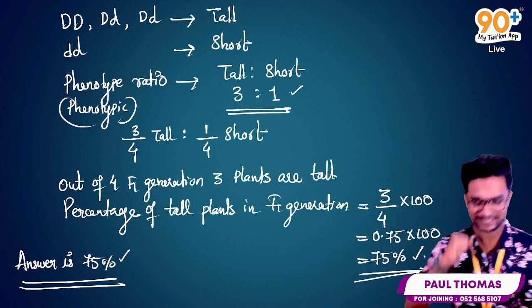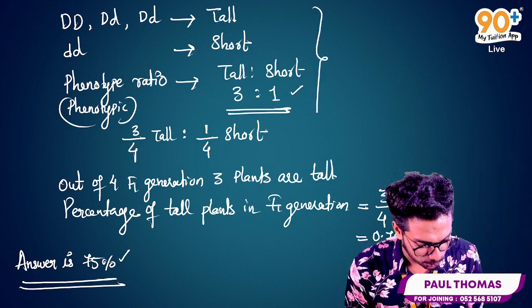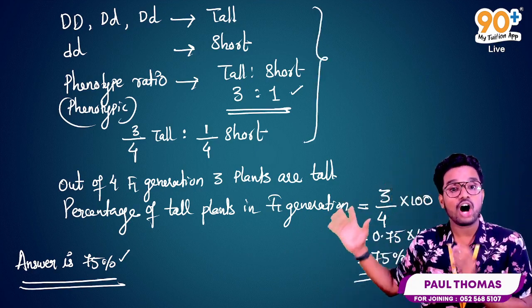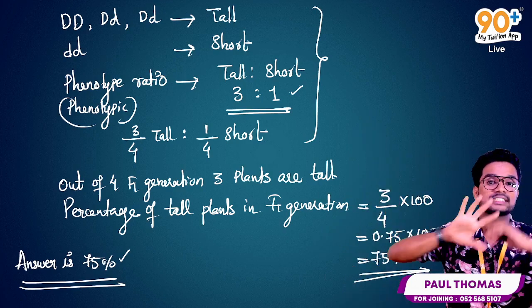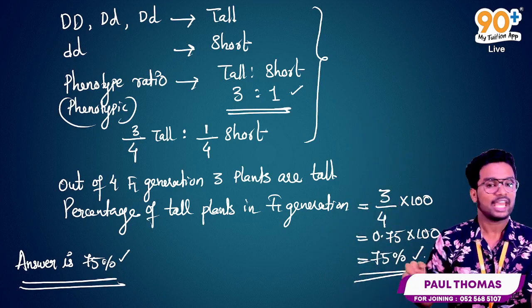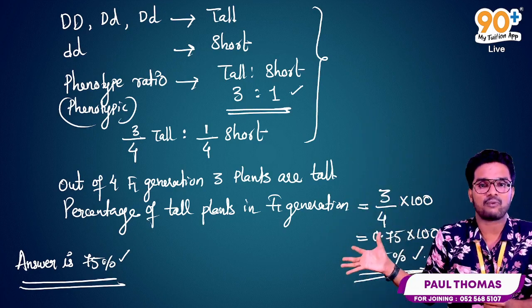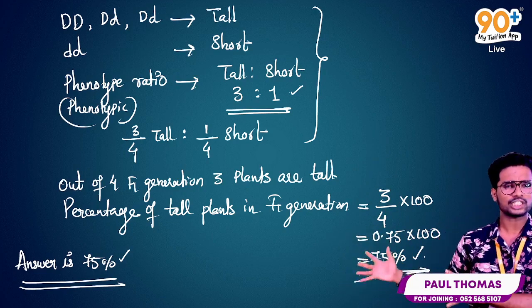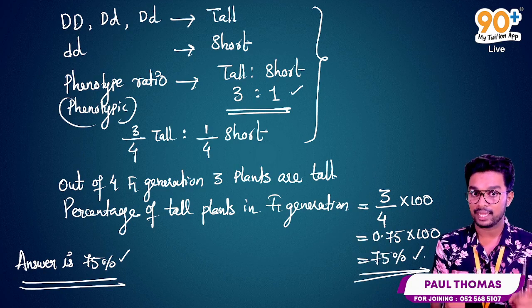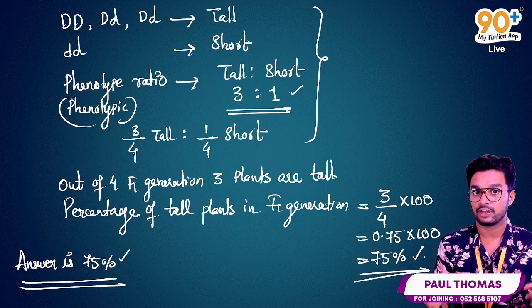That is the correct answer. Now we got the 3 marks. If you're not skipping any of the steps, you will definitely score 3 marks. If you are skipping any one feature or any one of the sentences which I taught here, you may get a chance of losing 0.5 marks.